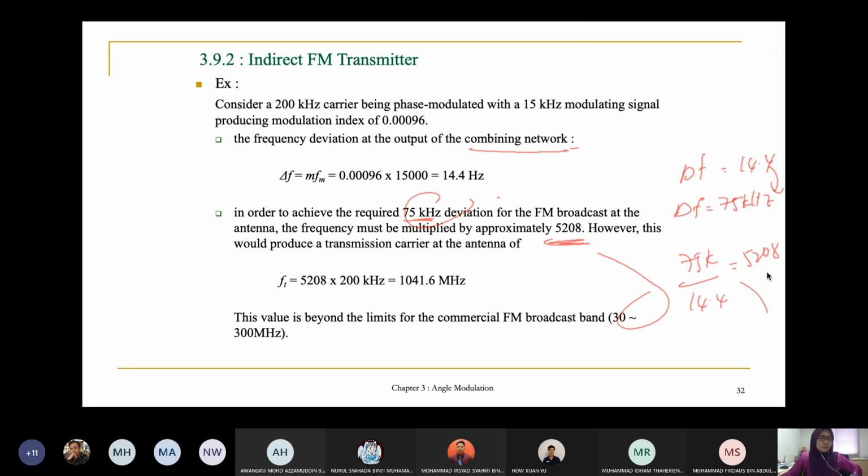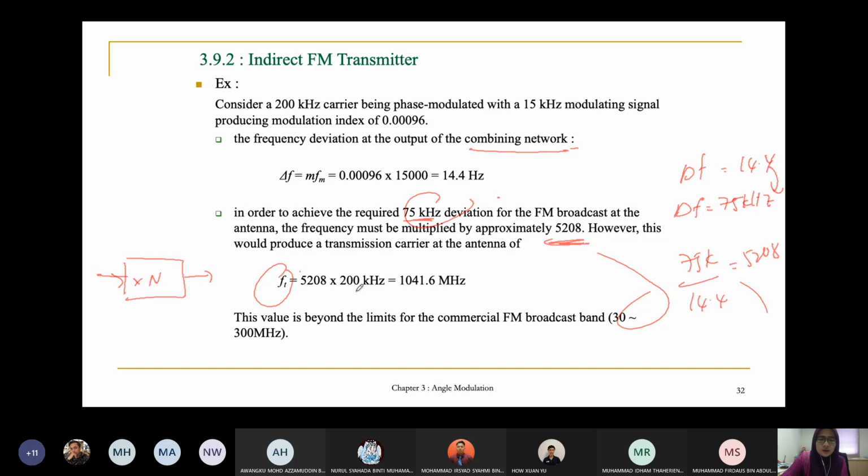However, the problem is if you directly multiply with 5208, remember for the multiplication process, you need to multiply with n. The parameter that is affected, when you multiply, is that Ft will also be affected. So therefore the frequency also needs to be multiplied by 5208.